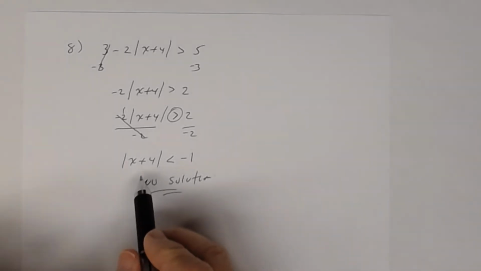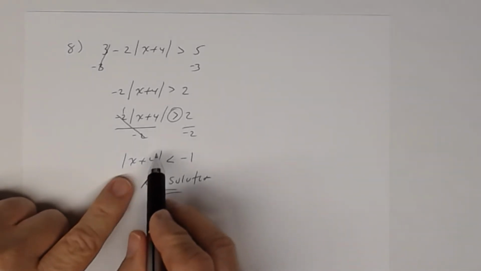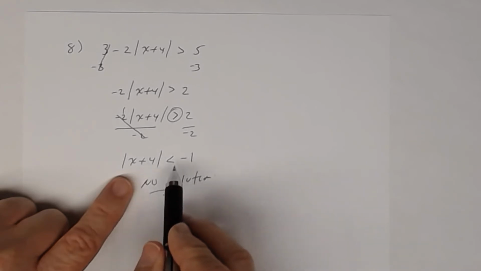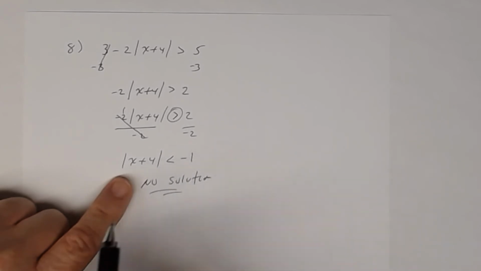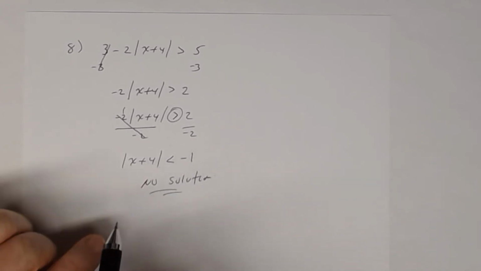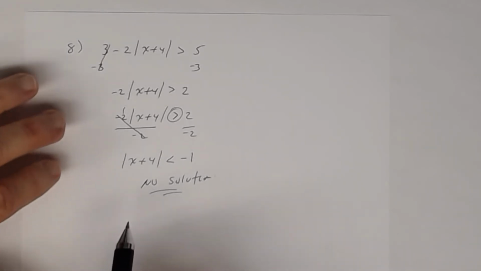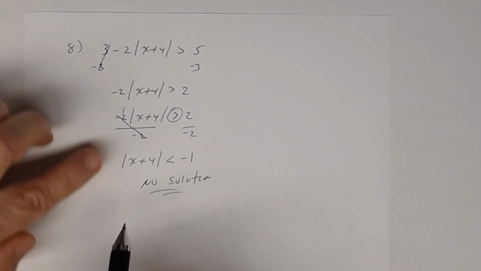Because the absolute value is always positive or 0. It is never going to be less than a negative number. Okay, so that was something new. I didn't expect to get to this one, but that's fine. We need to know that anyway. So you say no solution.